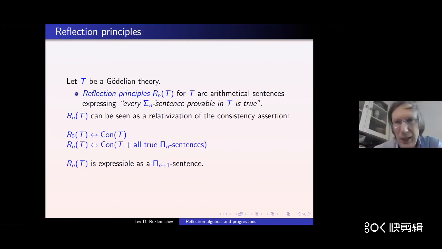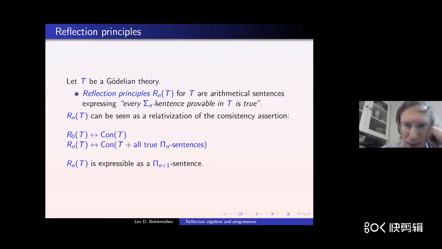So what we do is we define new formulas or new schemata generalizing Gödel's consistency formula, which are called reflection principles for T. So let T be a Gödelian theory, the usual one. Then reflection principles are formulas expressing arithmetical sentences, expressing that every sigma n sentence provable in T is true.